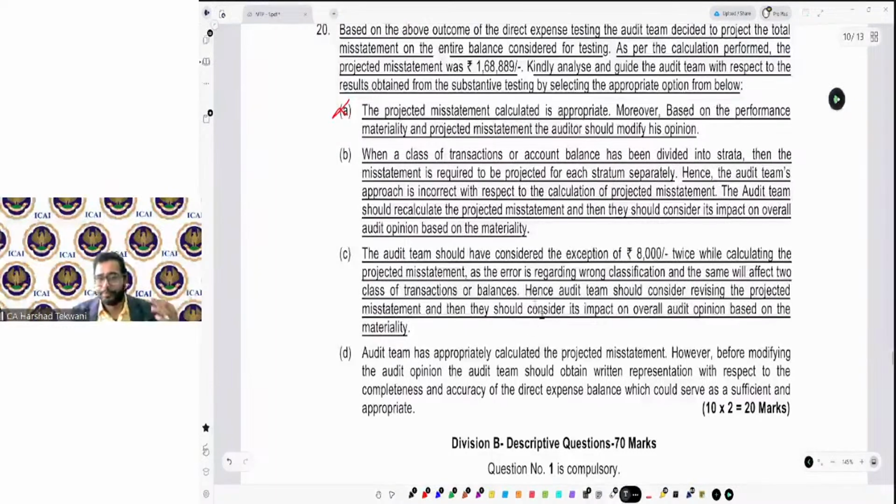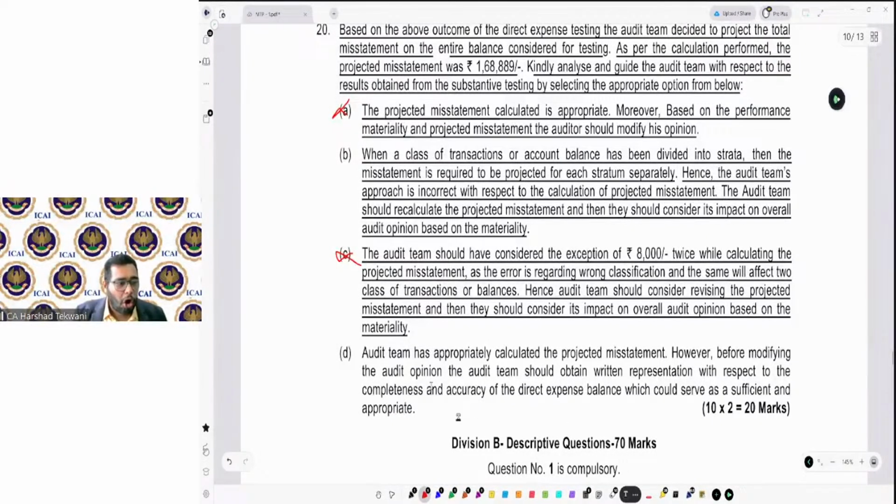Now see, if you identify a misstatement in a particular testing, you are required to cover that misstatement in that particular testing only. Number one. Number two, again, at overall level, the projection is incorrect. So option C will be incorrect because it's talking about only 8,000, which is also incorrect. So that is not a correct option.